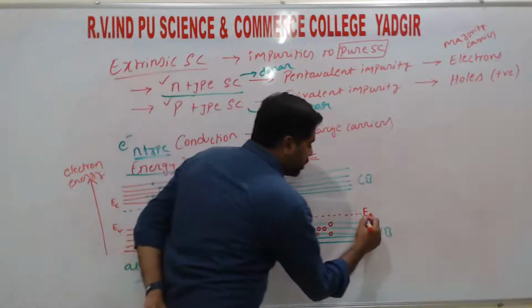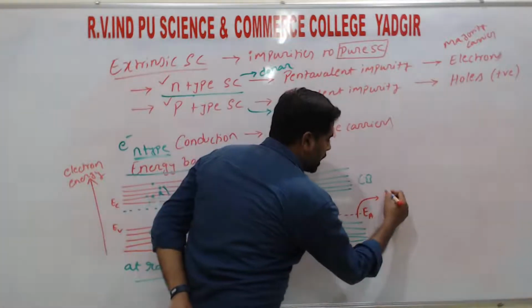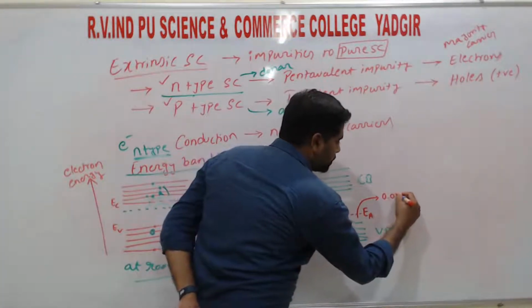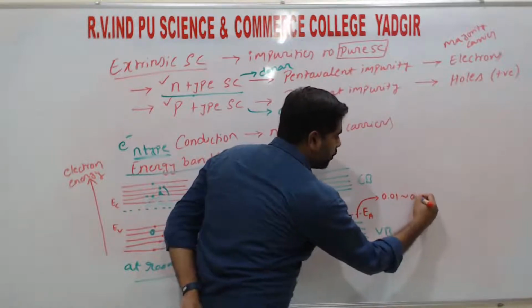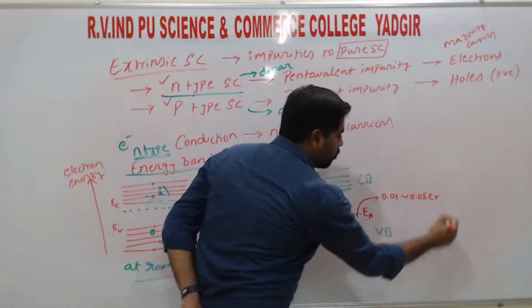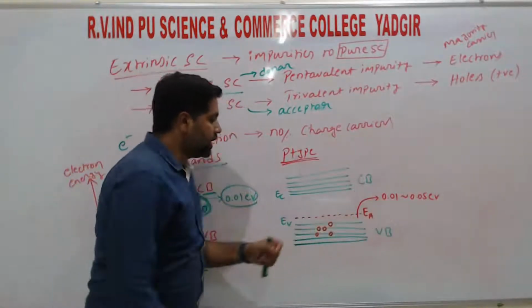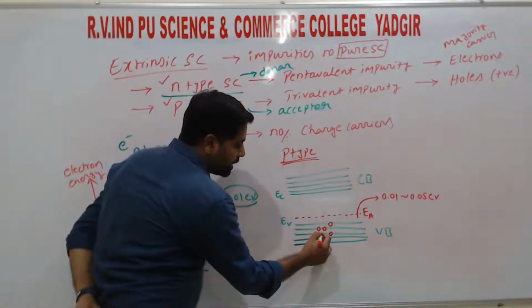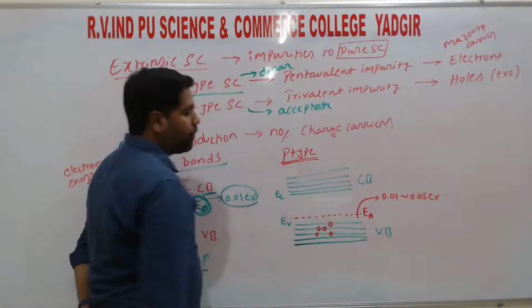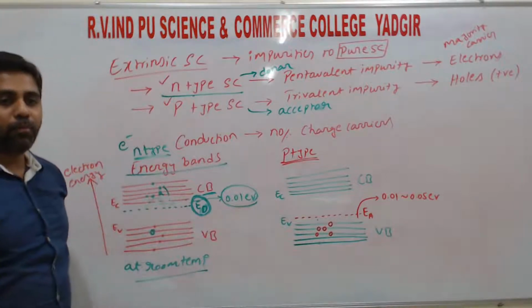So for a very low energy, that is at room temperature, approximately 0.01 to 0.05 electron volt, what happens with this energy? These holes get excited to the acceptor band.